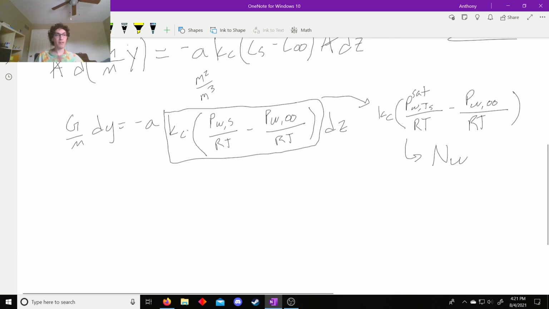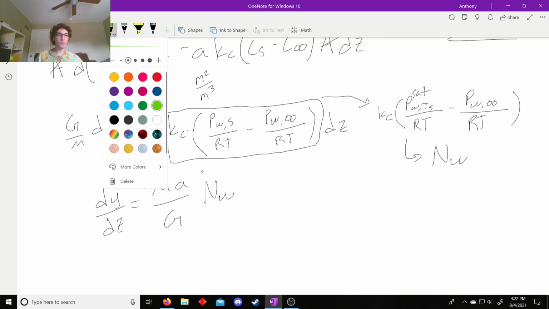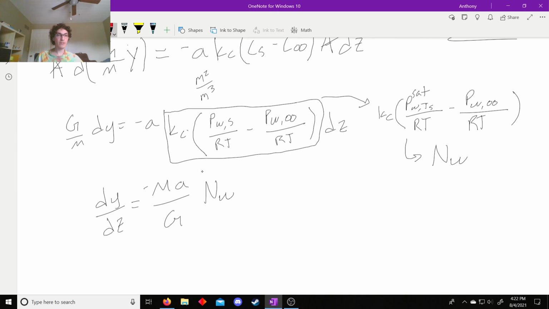So I'm going to go ahead and divide by G over M and divide by dz, and what we get is dy over dz equals negative M times a over G multiplied by NW. And that is our equation for dy over dz. So this is going to be our expression for the change in the mole fraction of water as we move along the column.